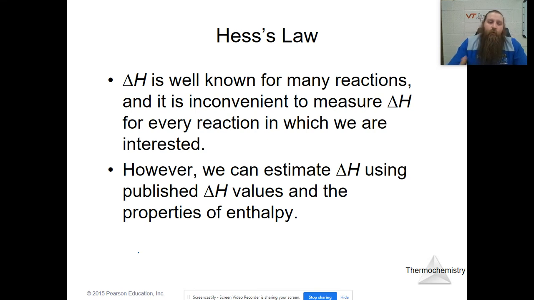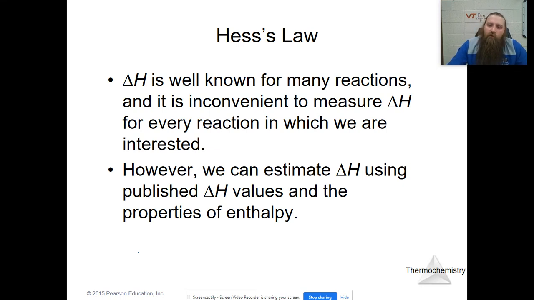Now, Hess's law, something I mentioned a minute ago, is a really nice thing in chemistry, because if I wanted to calculate the energy associated with making and breaking bonds, I would have to do each individual reaction over and over and over again.